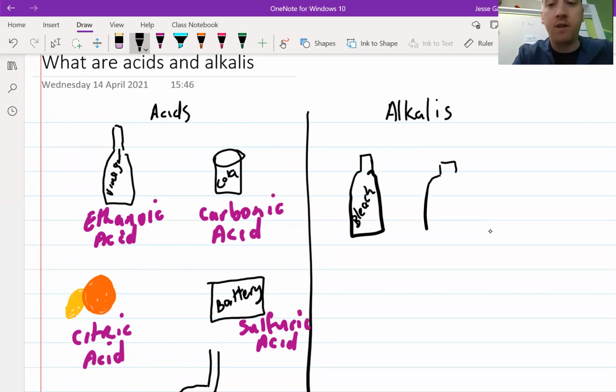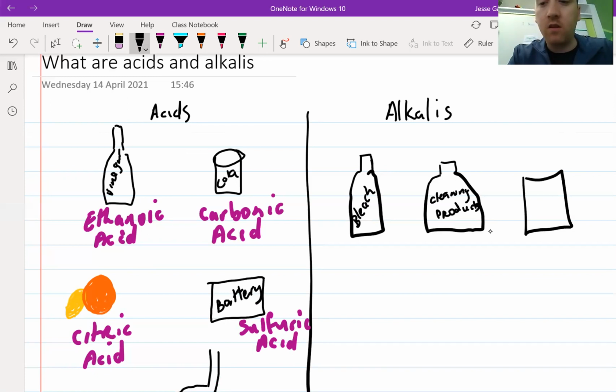Many cleaning products and detergents for cleaning foods and countertops are alkalis. Fertilizers that we use in farming tend to be alkalis, and things like toothpaste tend to be alkalis.